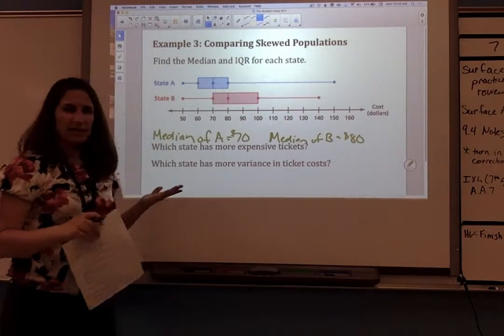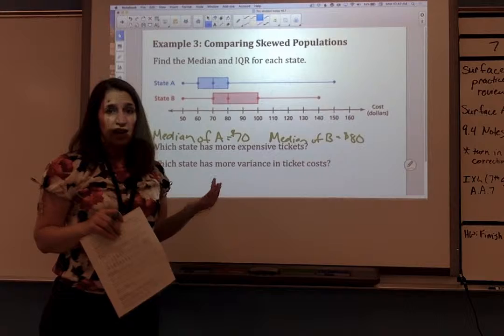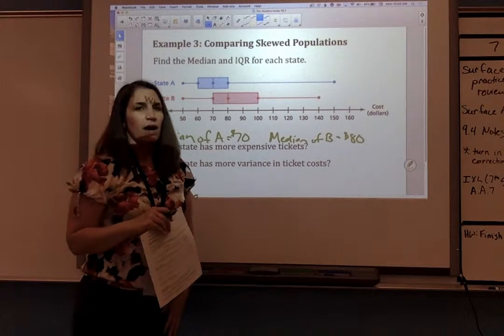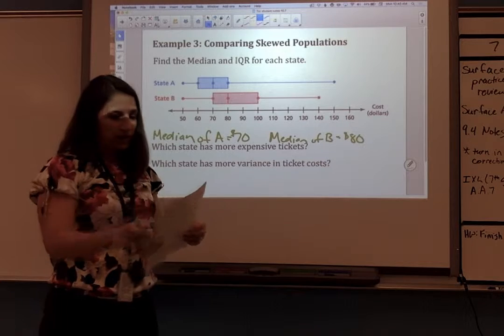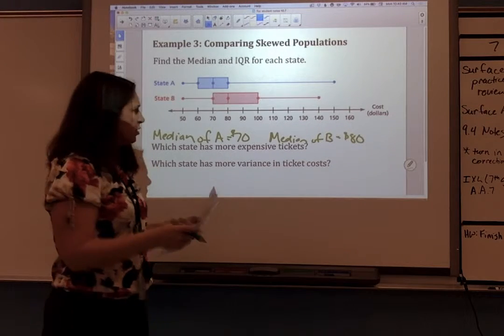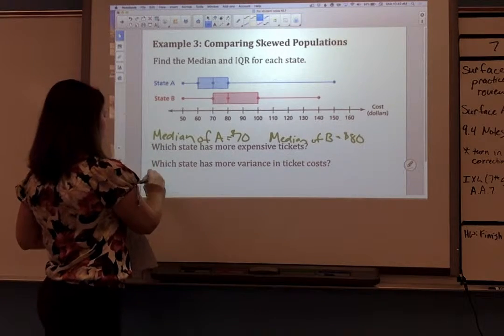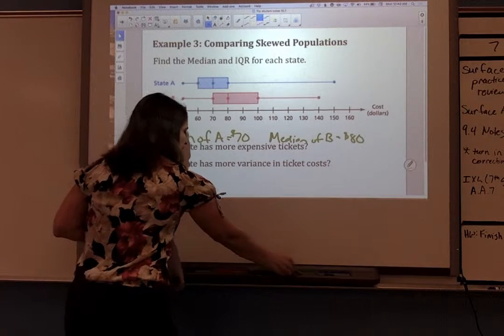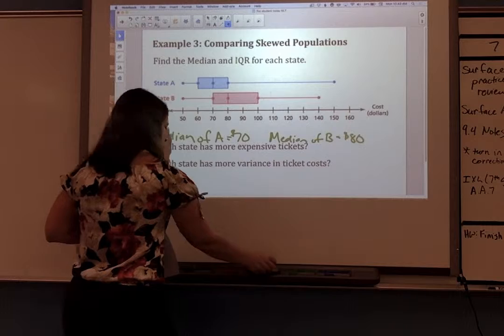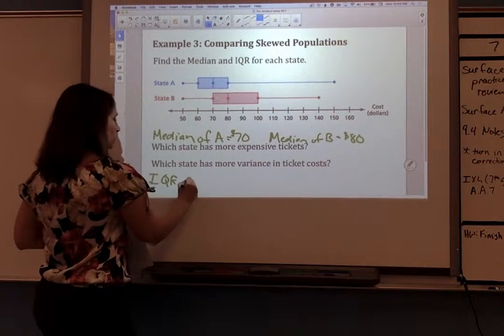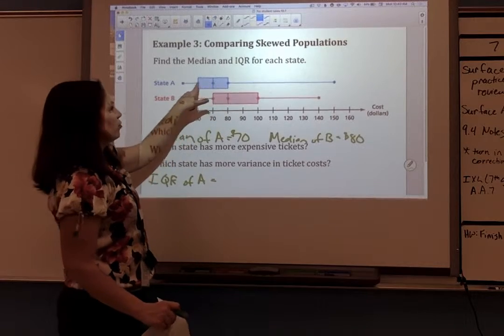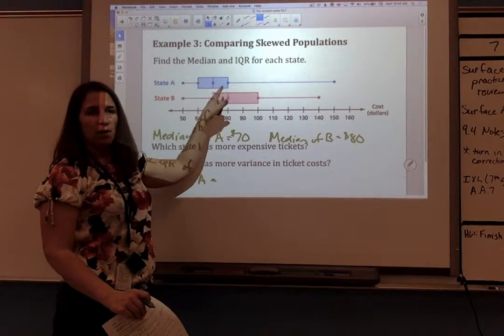So which state tends to have more expensive tickets? I would say state B tends to have more expensive tickets. Which state has more variance, though? Let's go ahead and find the IQR, the interquartile range of A. That's going to be the range of the middle part of the data.